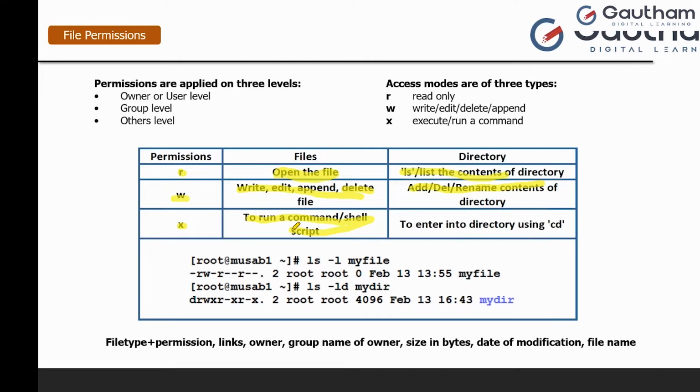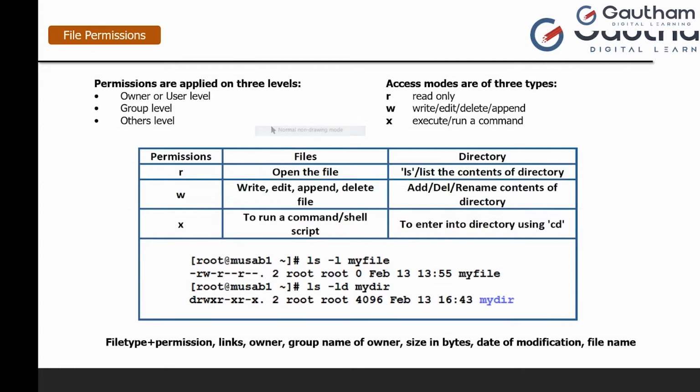Otherwise, we don't need execute permission at all. In the case of a directory, it is very important. You cannot enter into the directory if execute permission is not given. So execute permission is really important for a directory, but on a file it is optional and only needed if the file is a special file called a script.